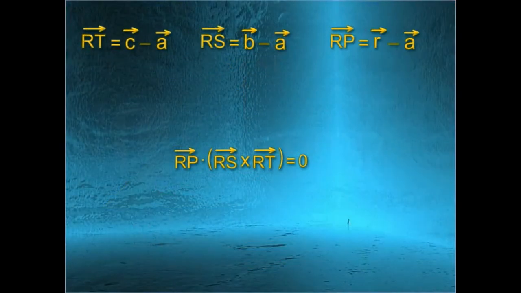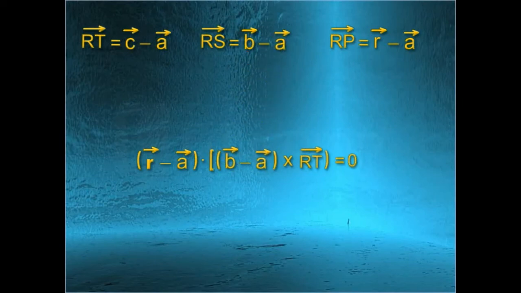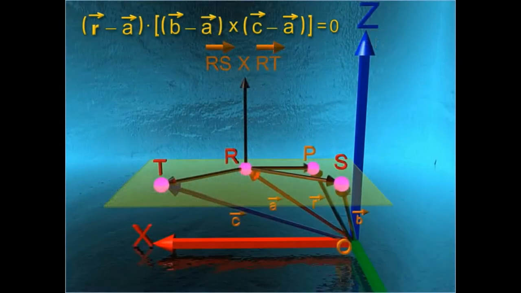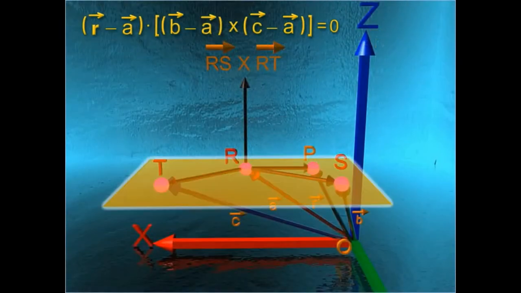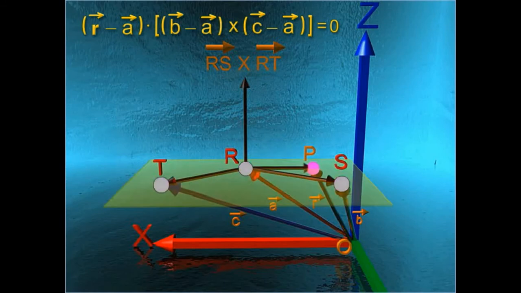You get vector R minus vector A whole dot vector B minus vector A cross vector C minus vector A whole is equal to 0. This equation represents the equation of the plane passing through three non-collinear points in vector form.